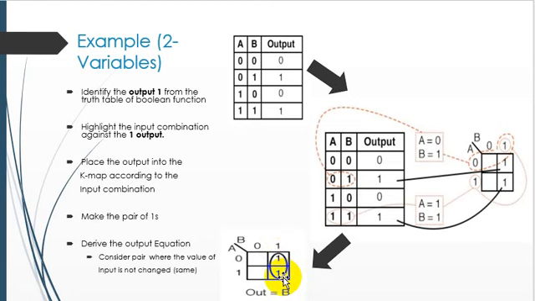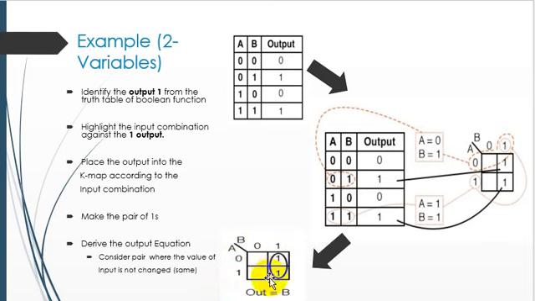You can understand this with the help of a very basic thing. If you consider this pair, you can see that A is going to change from 0 to 1, because 0 is for this whole row and 1 is for the whole second row.